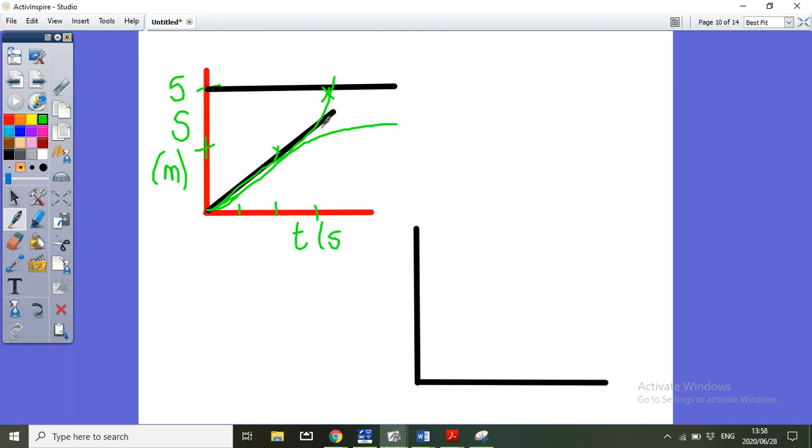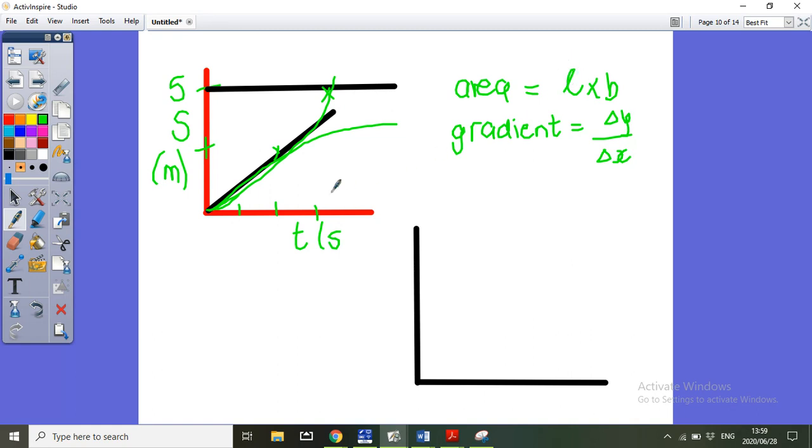Now we need to look at what we can use of this graph. If I have a displacement time graph, when you have a graph, you can either use the area or you can use the gradient. If you forget in an exam because you're now stressed which one is which, just go and look what is area. You know area is length times breadth, and you know gradient is change in y over change in x.